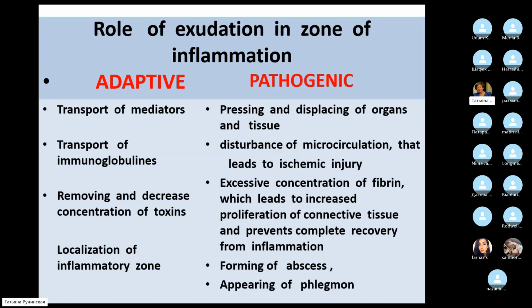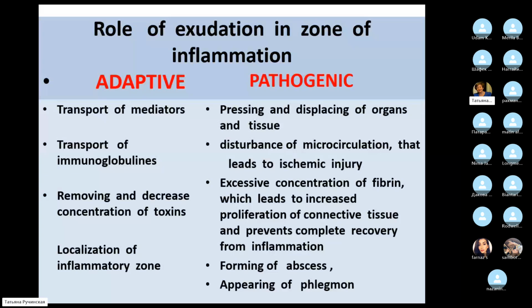Another one. Sometimes this exudate comes from the region of inflammation into the cavities of our organism. For example, ascites, you know, this is a clear fluid in the abdominal cavity. And this will lead to what?